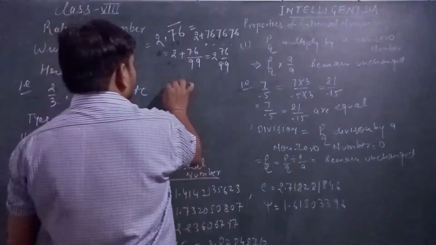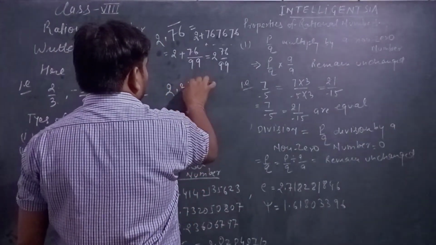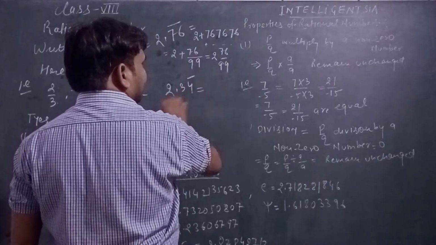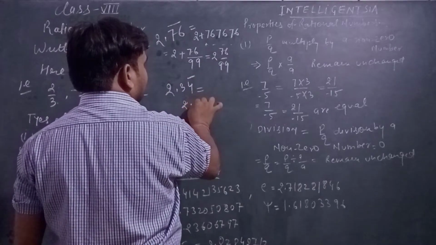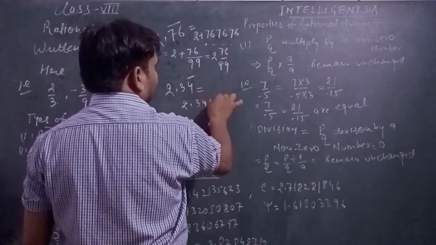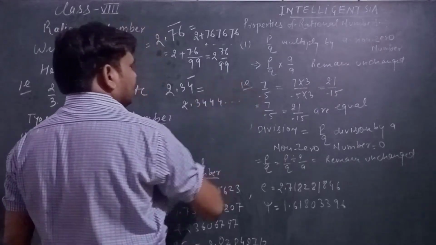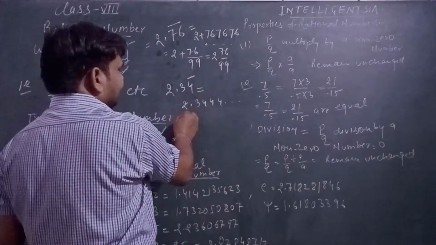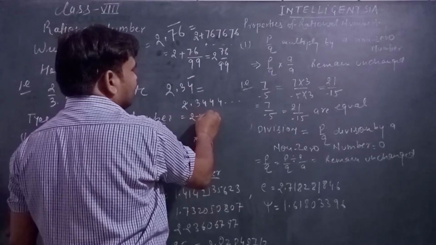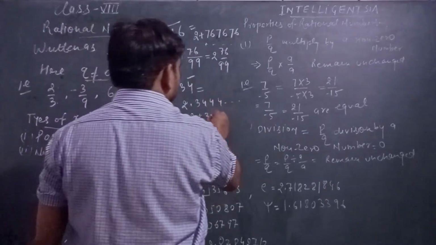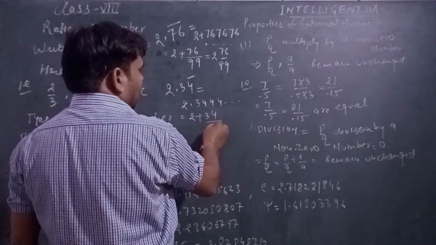After that we see 2.34 bar. It means to say we can write it as 2.3444. So here we can write it 2 plus 0.34 bar.